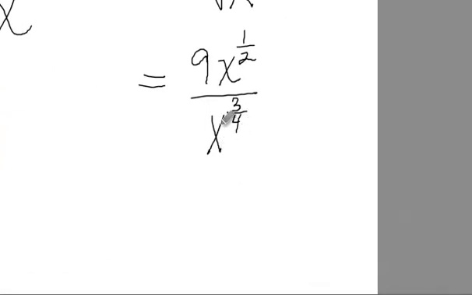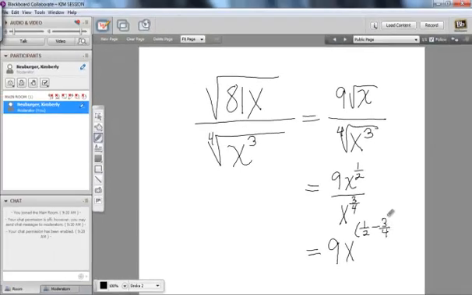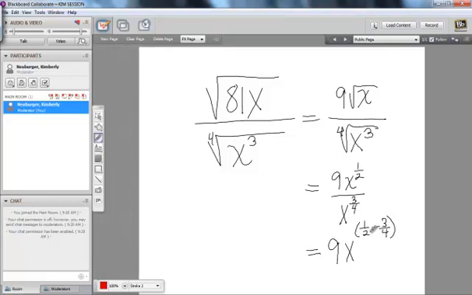Now, since the x's are like bases, we can go ahead and use our rule to subtract those. So this is 9 times x to the 1/2 minus 3/4. The common denominator for them is going to be 4. So I'm going to multiply this top and bottom here by 2, which is going to give me a 2/4. So this is really 2/4 minus 3/4 for my exponent.